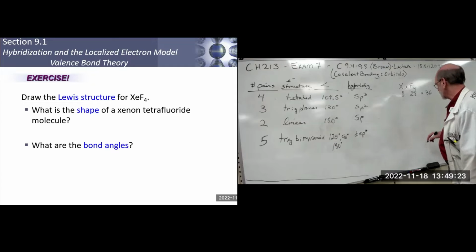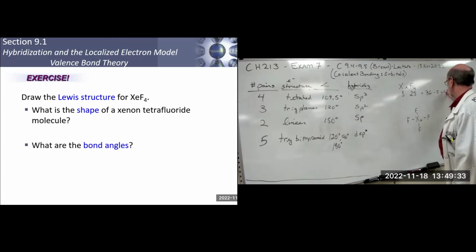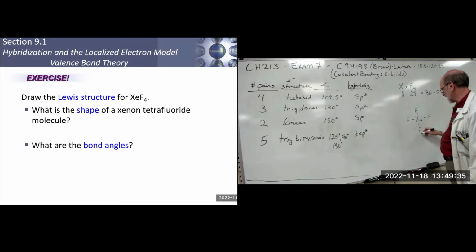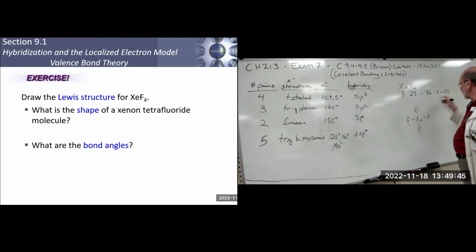So xenon is in the middle. And then we have fluorines, 2, 4, 6, 8. So we have 28 electrons that we have to use. Right? 6 times 4 is 24, leaving 4 electrons.